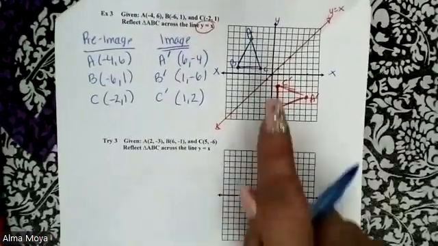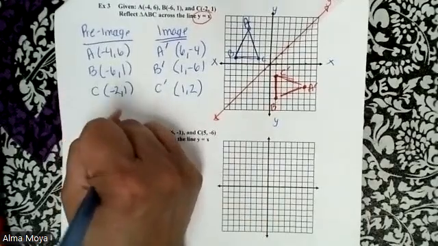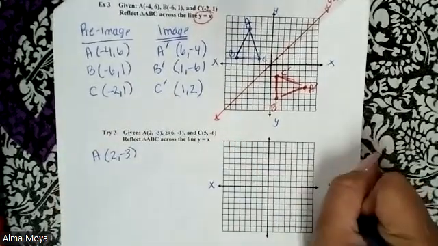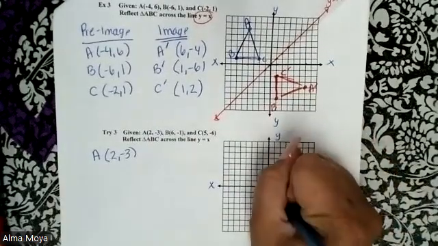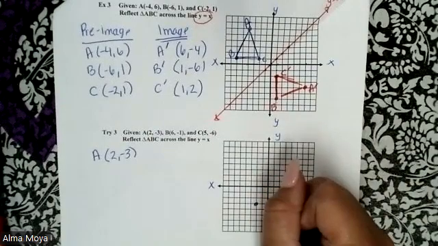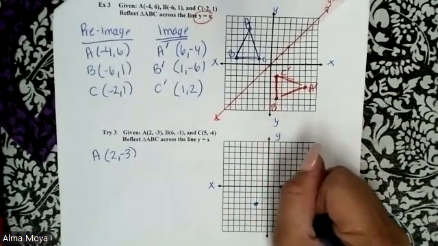So I'm actually going to use that for the next one because I don't want to fold my paper. So right here on A, if A is the number 2, -3, let's go ahead and graph that. 2, -3. There's my A. X is 2, Y is -3.